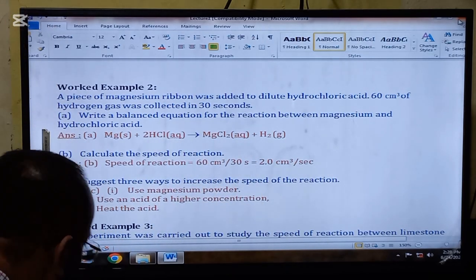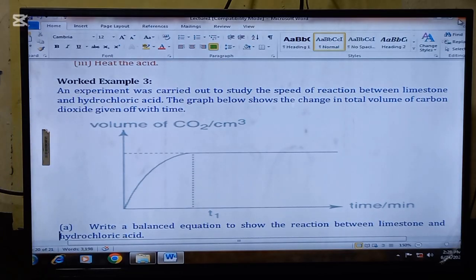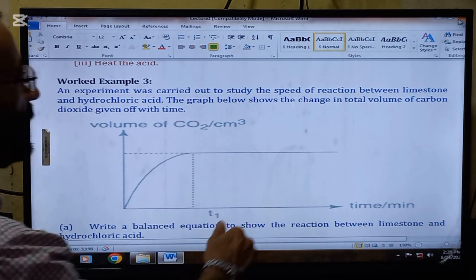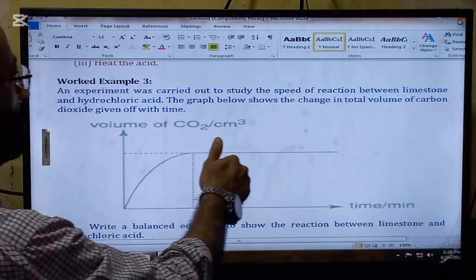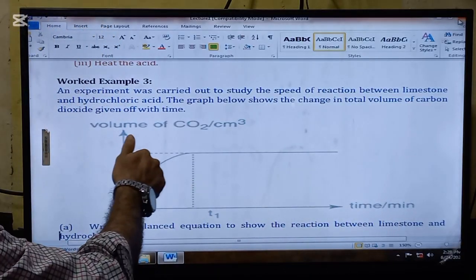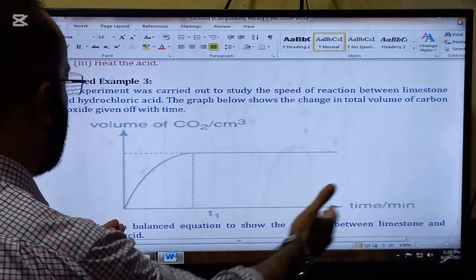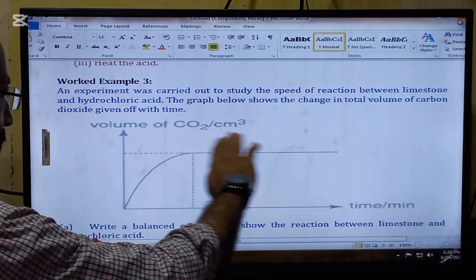The next question is: an experiment was carried out to study the speed of the reaction between limestone and hydrochloric acid. The graph below shows the change in total volume of carbon dioxide given off with time. Here is the time and here is the volume of carbon dioxide formed, and here is the graph.